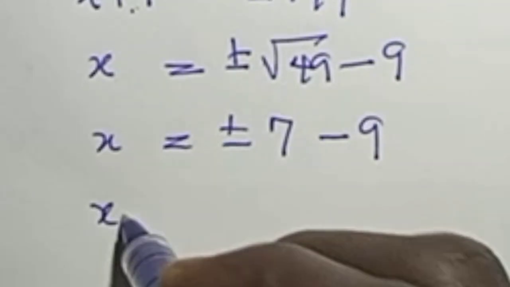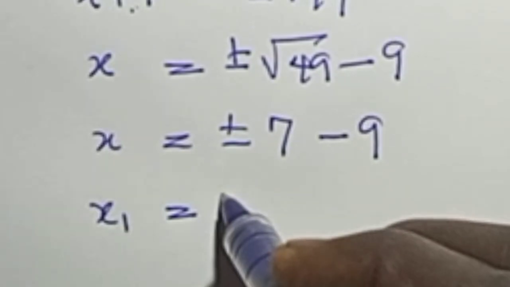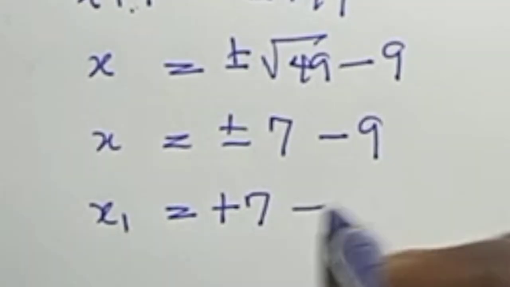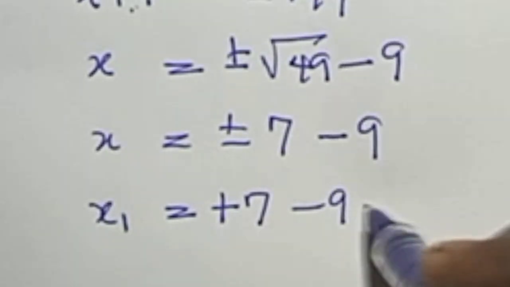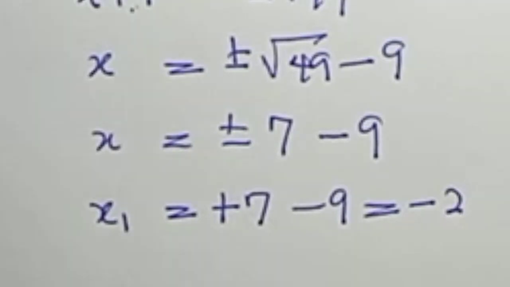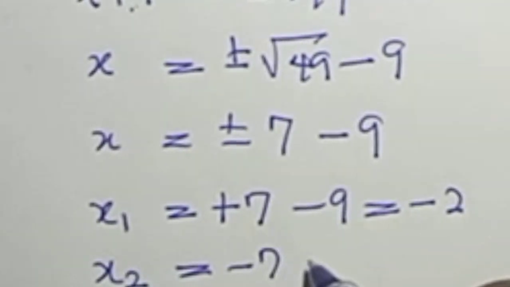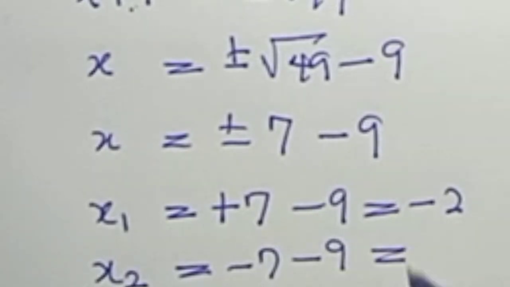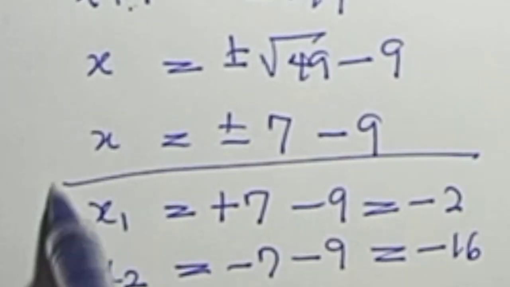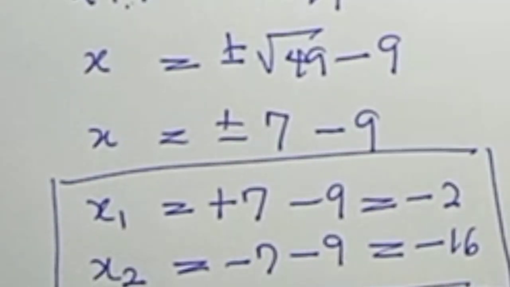And here we have two values for x, that is x1 is equal to plus 7 minus 9, and this answer becomes minus 2. And for x2, it is minus 7 minus 9, which is equal to minus 16. These are the two values of x for the first method.